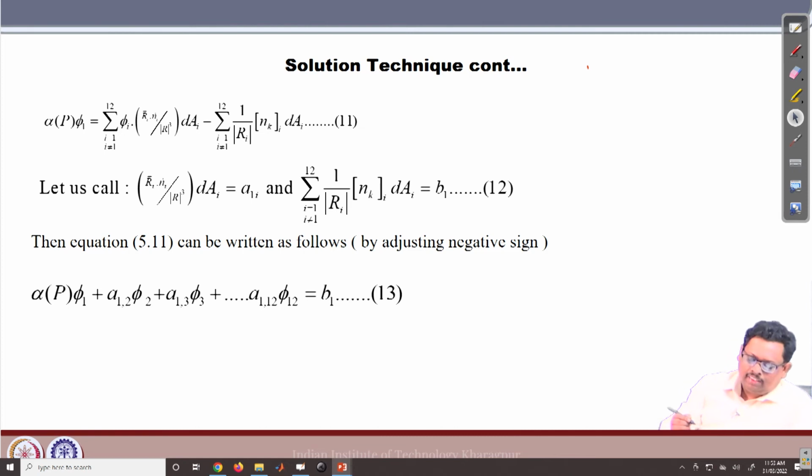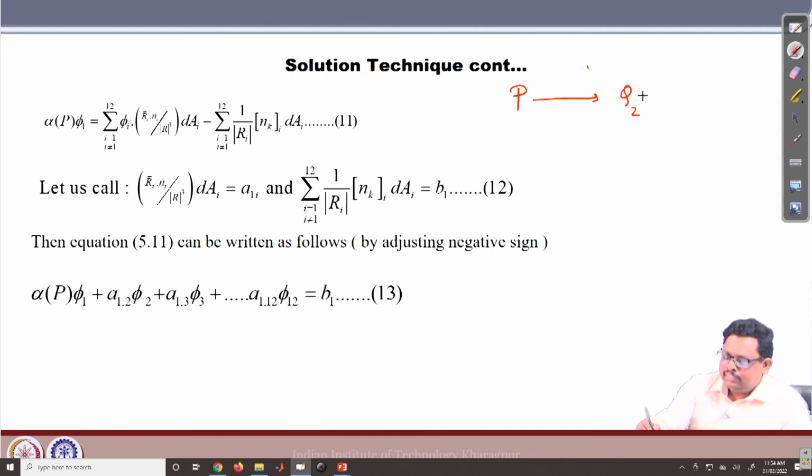So, now you see that with respect to the first panel, I am able to write one algebraic equation with 12 variables, which are phi 1, phi 2, phi 3 up to phi 12, right. Now, if I practice this with the second panel, in the next case what I can do is take this p point, that field point, into the q 2, that means where I define this phi 2.